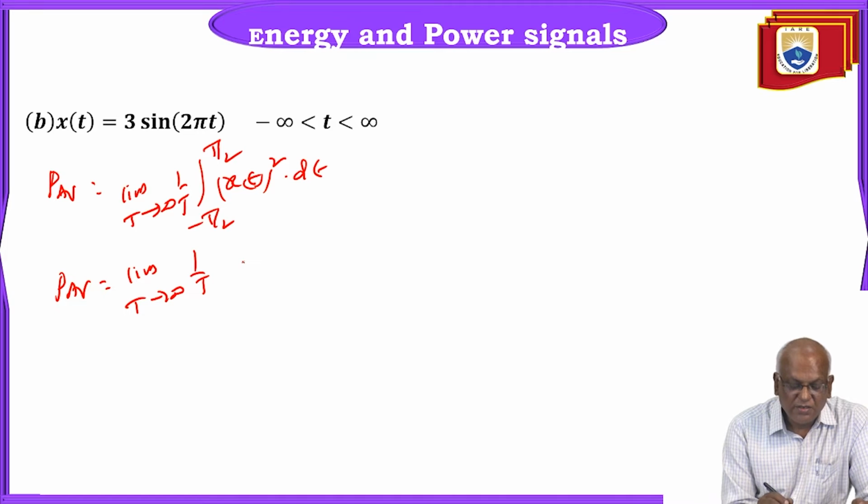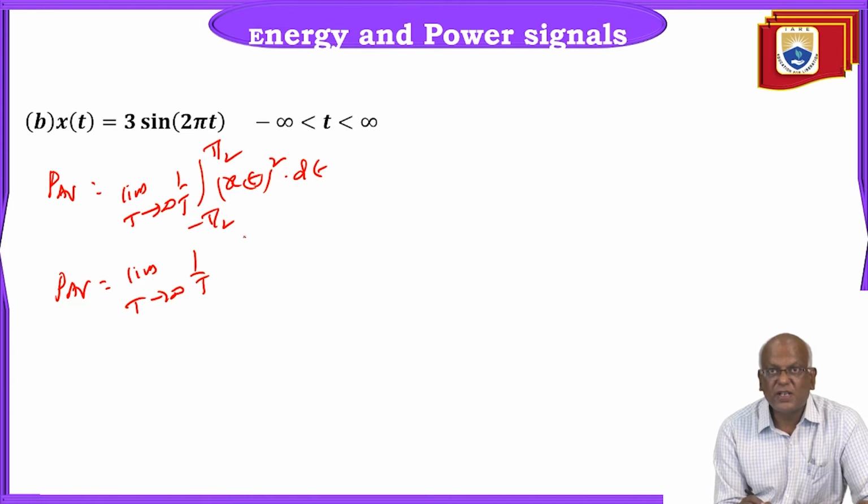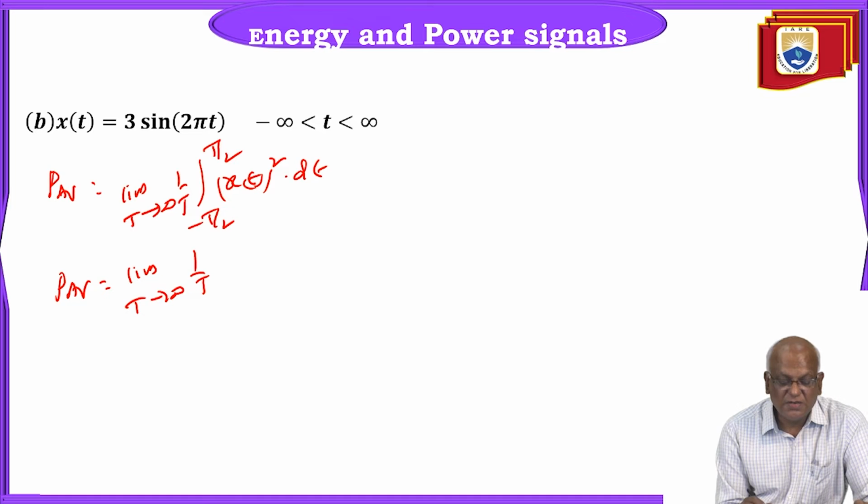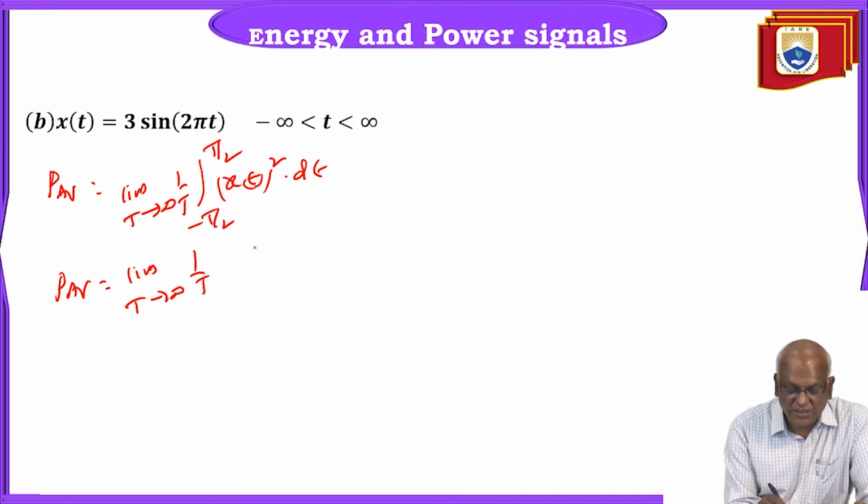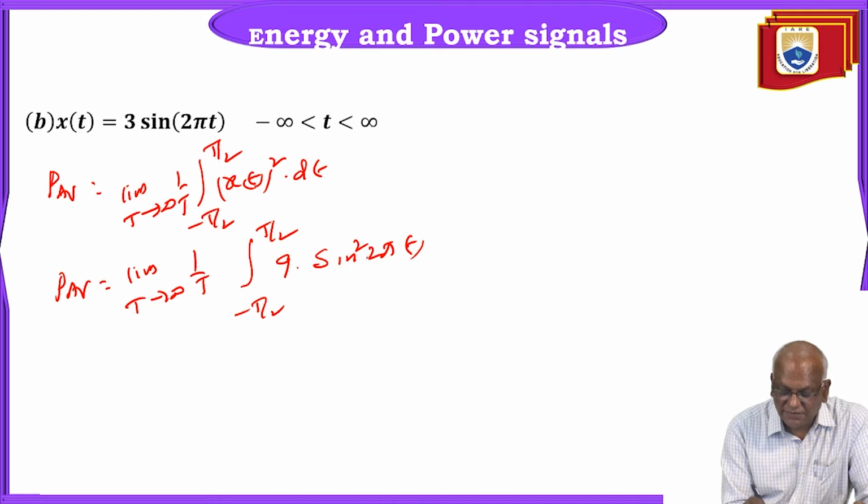The absolute value of x of t squared is equal to 3 square, that becomes 9 sin square 2 pi t. The integral from minus t by 2 to plus t by 2 of 9 sin square 2 pi t.